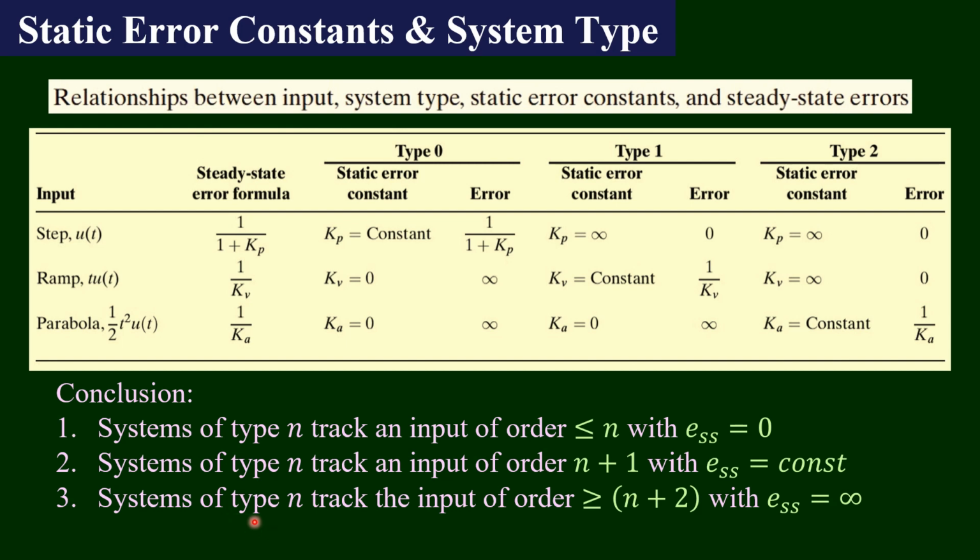And a system of type n tracking an input of order greater than or equal to n plus 2 has a steady state error of infinity. This means that in this situation no tracking will be accomplished. But for all the cases, we have to be sure that the closed loop is stable.